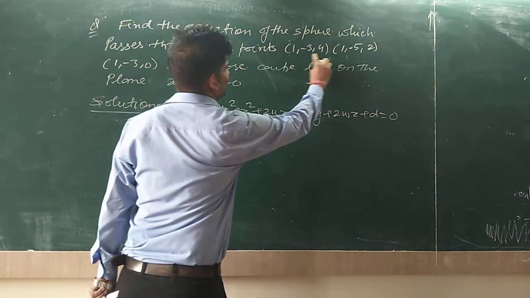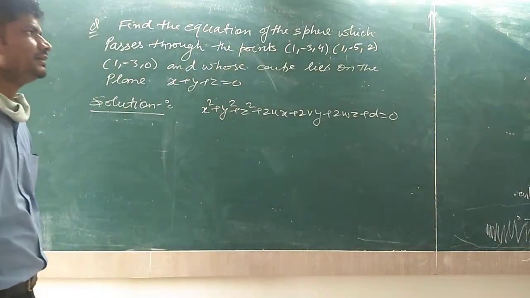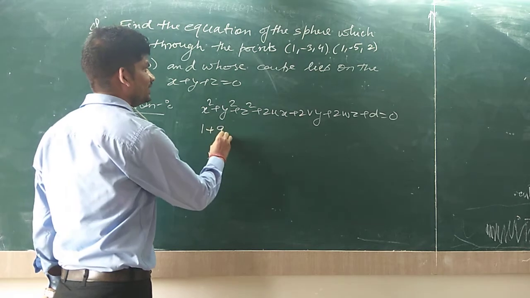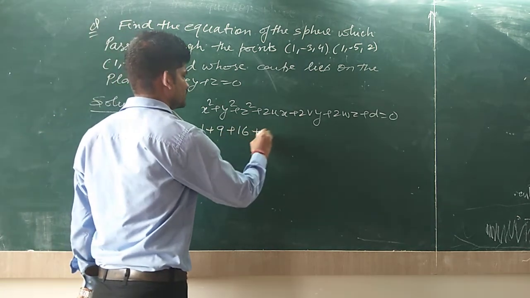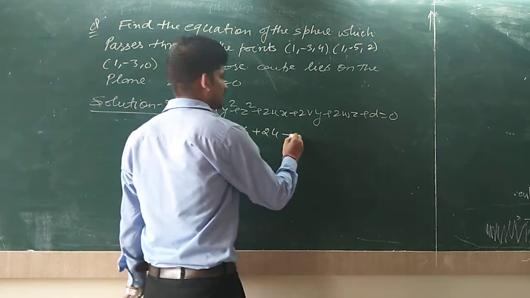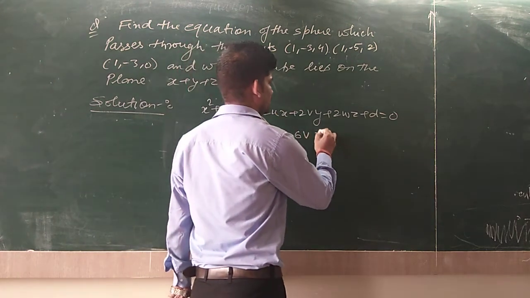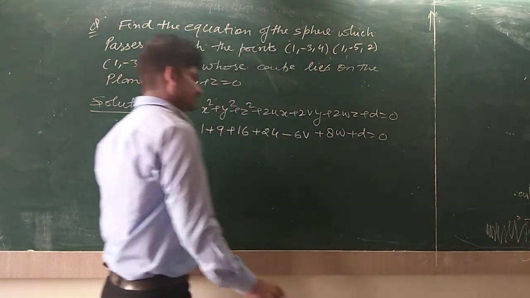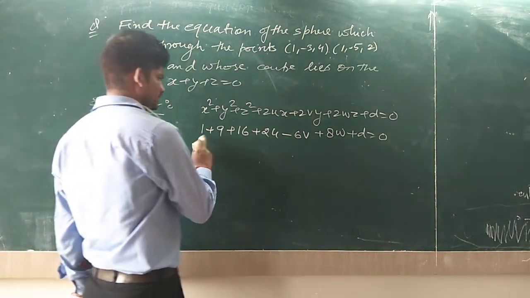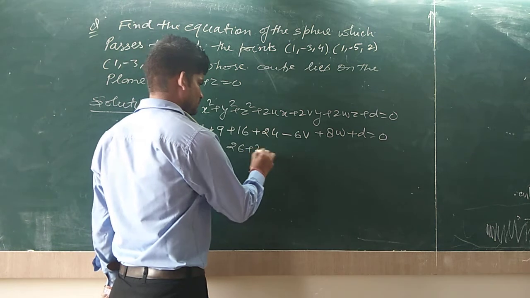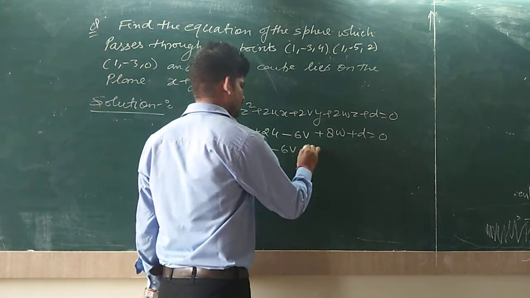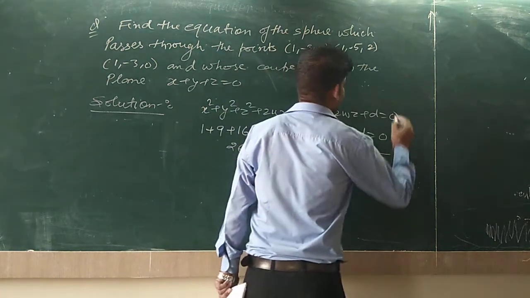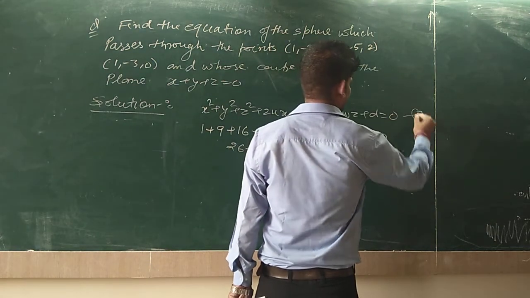First point is (1, -3, 4). Putting it in, we get 1 plus 9 plus 16 plus 2u minus 6v plus 8w plus d equal to 0. Then the equation is 26 plus 2u minus 6v plus 8w plus d equal to 0, equation number 2.